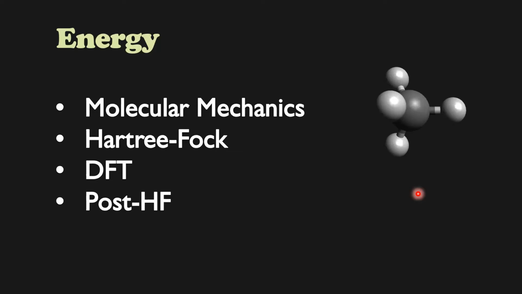Molecular mechanics is very fast, but accuracy is limited. And then we have DFT, density functional theory, which is very popularly used these days for real-life system sizes, like a few hundred atoms. There, DFT becomes the method of choice. So we can choose this method and calculate the energy. These are our standard methods.